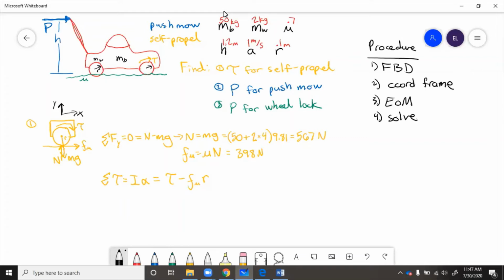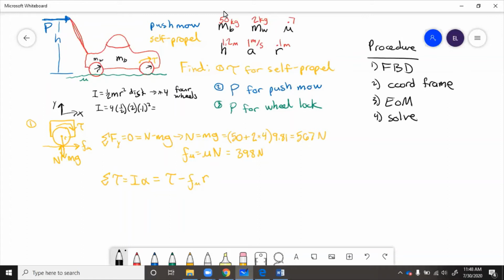So for moment of inertia, we know for the wheels, I equals 1/2 m r squared for a disc. Say the wheels are discs. And then we'll have to multiply times 4 for 4 wheels. So here I equals 4 times 1/2 times the m, which is 2, times the r, which is 0.1, squared.